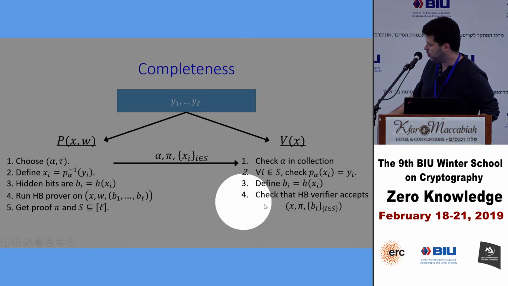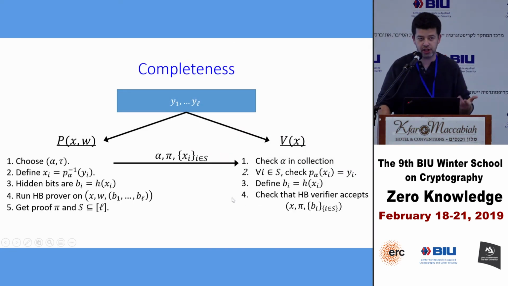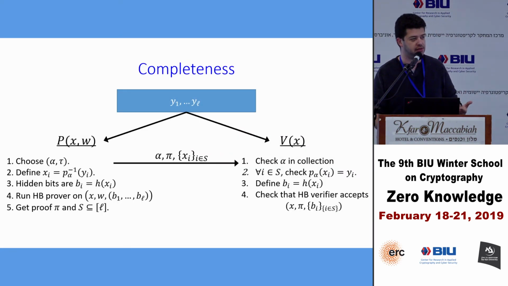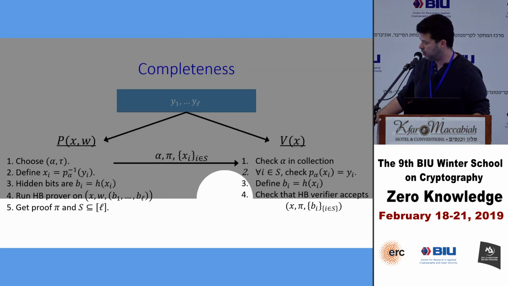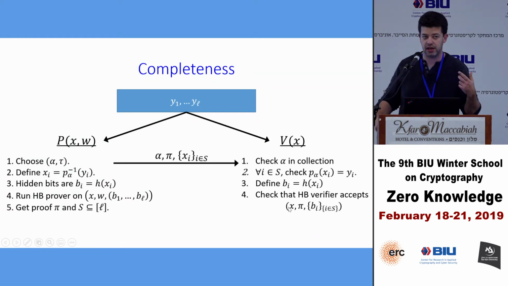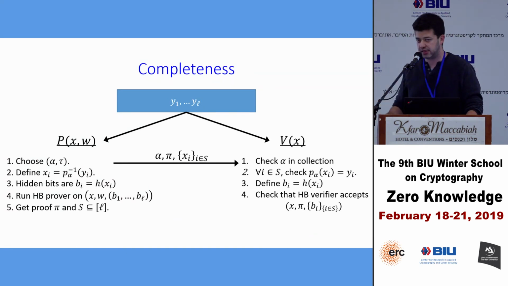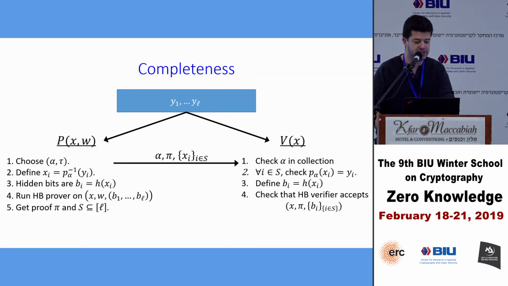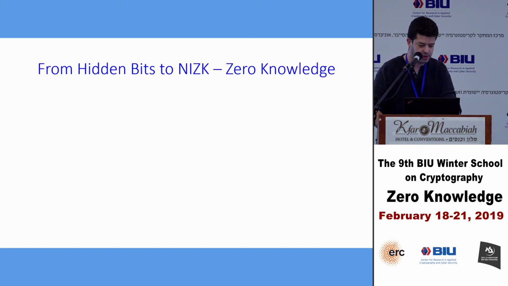And then what we do here is a direct reduction to the completeness of the hidden bits verifier. They're using the same bits, b1 up to bl, the subset of those inside S, and by the completeness of the hidden bits proof system, we will get perfect completeness also here. So that was easy. Now let's do zero knowledge and then go back to soundness.